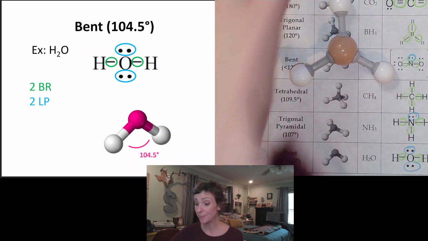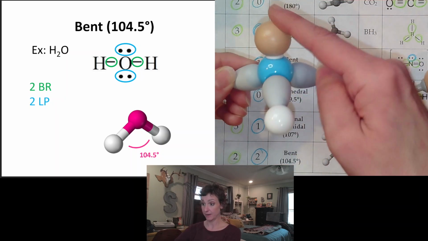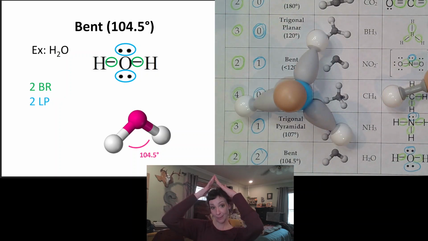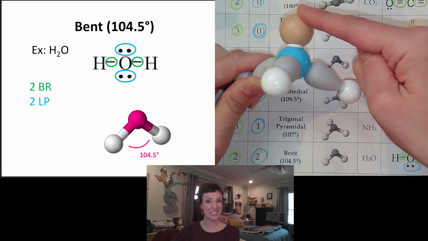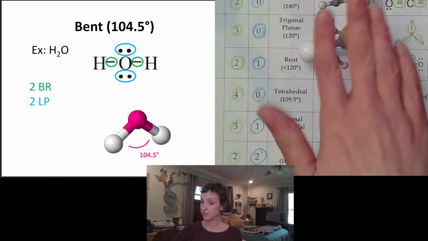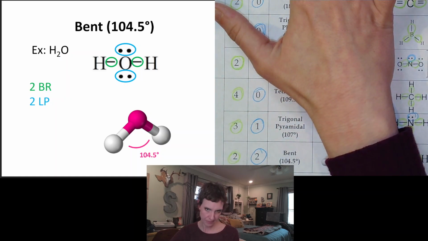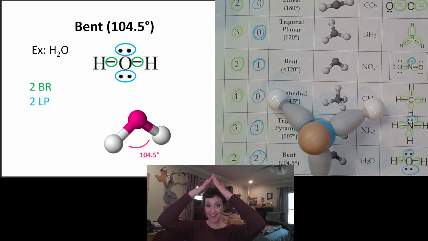Whereas my trigonal pyramidal guy, if I wanted to pick the one visualizing the lone pair, I like to think about him being like a little pyramid, like he's got a little pointy lone pair party hat. He's a little bit more fun, which means he is not plain like my trigonal planar. So trigonal planar is plain and boring, no lone pairs on him. Trigonal pyramidal has got a real fun pyramid party hat on his head.